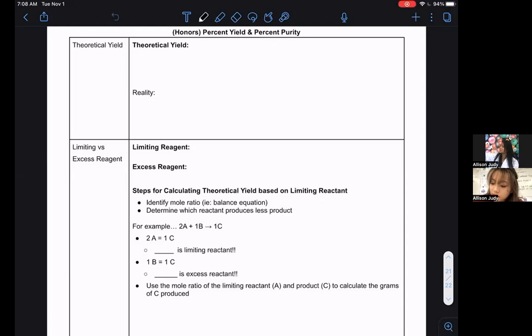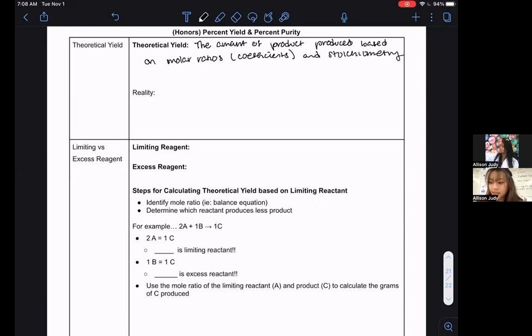So the theoretical yield is the amount of product produced based on molar ratios, which is known as our coefficients, and stoichiometry, which is the mathematical process of using molar ratios, assuming the reaction goes to completion 100% of the time.